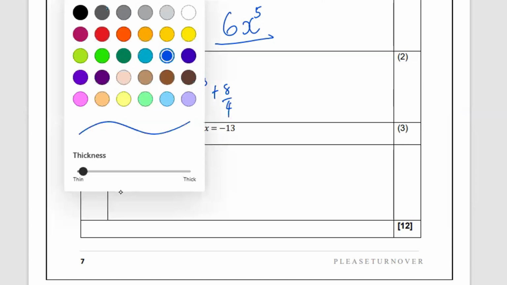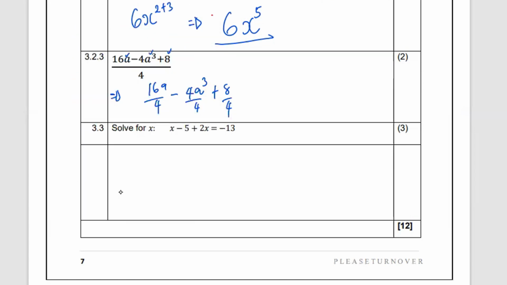Then we go on, break down each term separately. So 16 divided by 4, how many 4 do you have in 16? It's just 4. Okay, together with the letter. Then 4 divided by 4 is just a 1. So in algebra, we normally don't write those ones. We ignore them. We call them ghost ones or invisible ones. And then plus, we have 8 divided by 4. That gives us a 2.